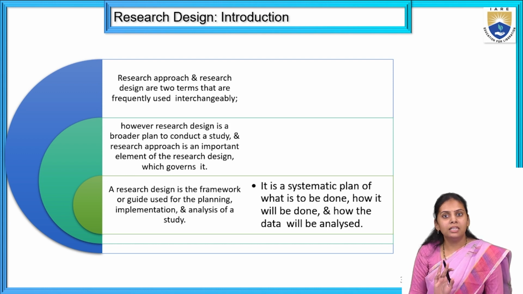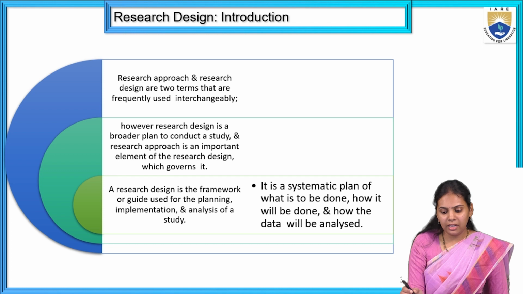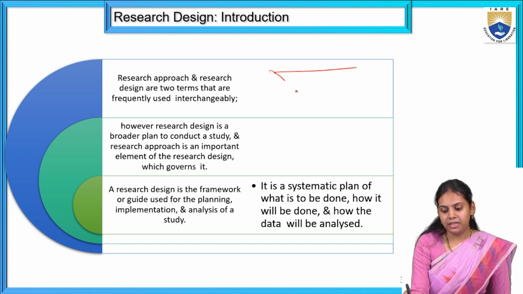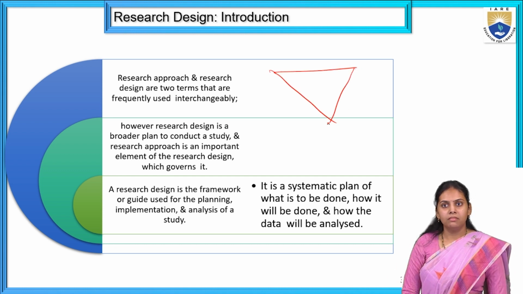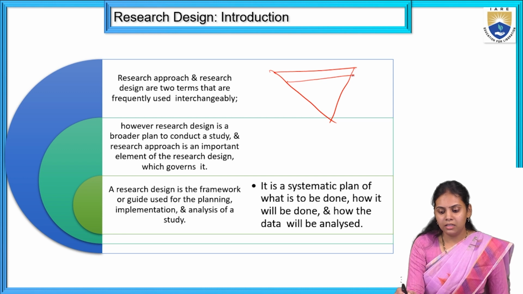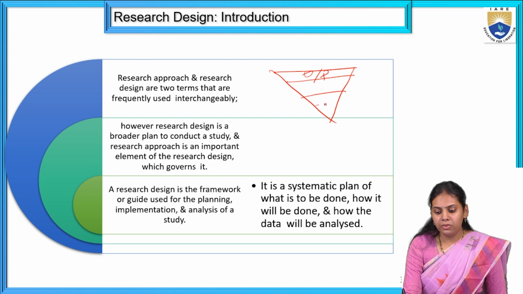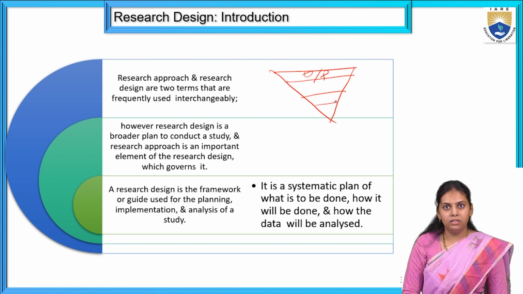For example, for any research oriented learning, we usually draw a chart like a reverse pyramid. If this is one type of design, here any researcher has an idea about the output. To reach that output, what are the steps to be covered?